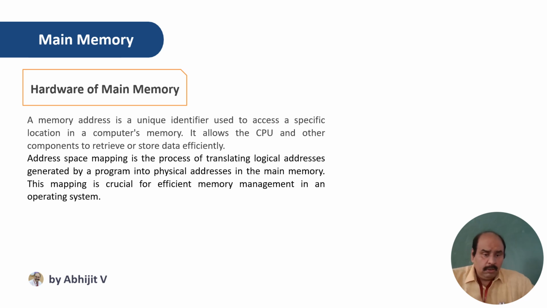So now, again coming to the hardware, a memory address is a unique identifier. Identifier itself means it is unique. It means that there is only one address in a system, one place, one address, that is the unique identifier used to access a specific location. A specific place where you have stored some information.